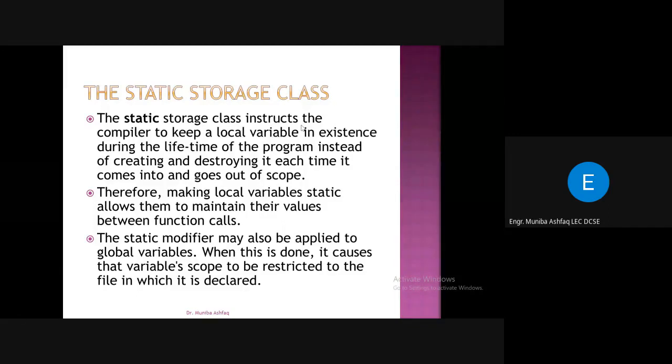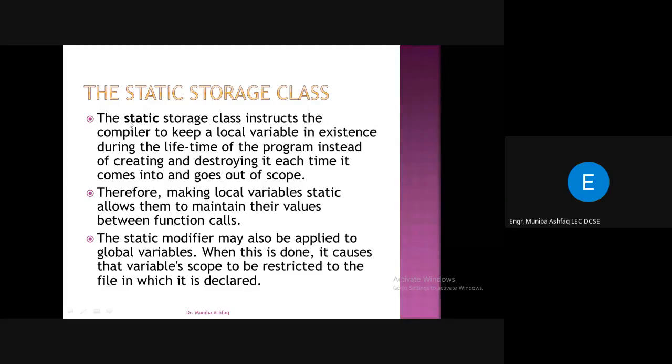But the static variables, if you declare your local variable as static, if you write this keyword static int a, then its existence will be during the lifetime of the program. If you don't have the static, then their lifetime is within that function in which it's declared. So when this function is finished, the local variables are destroyed also.